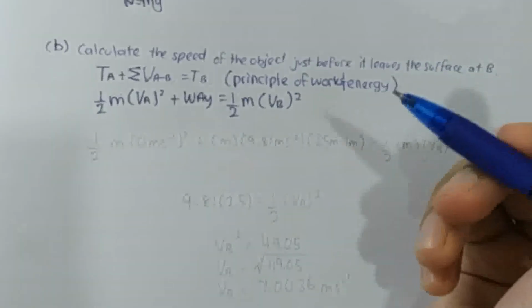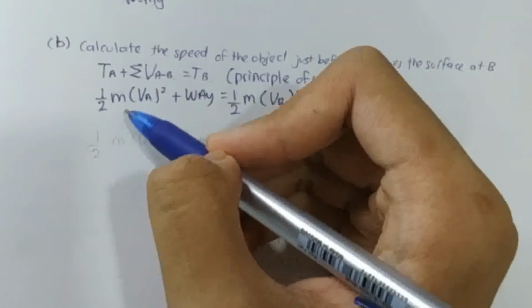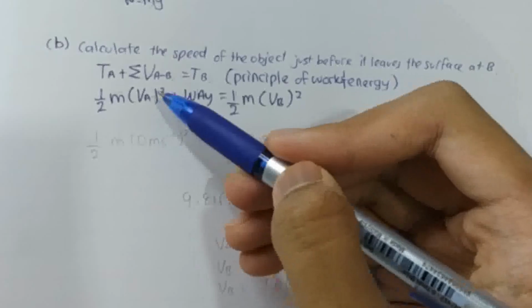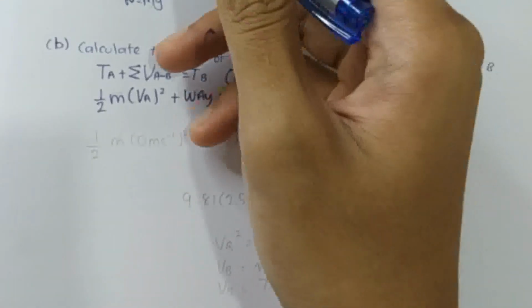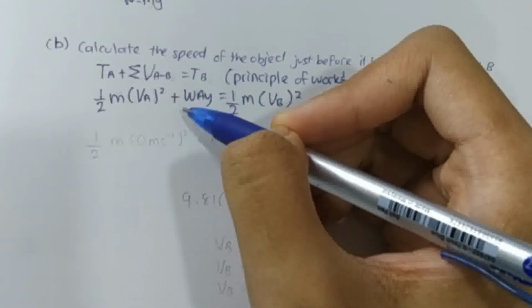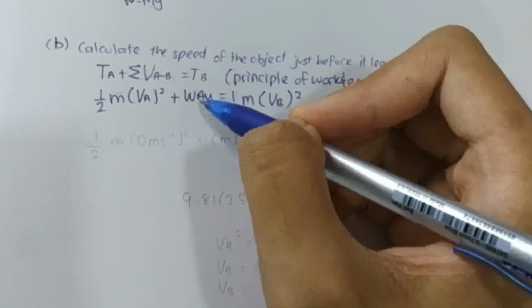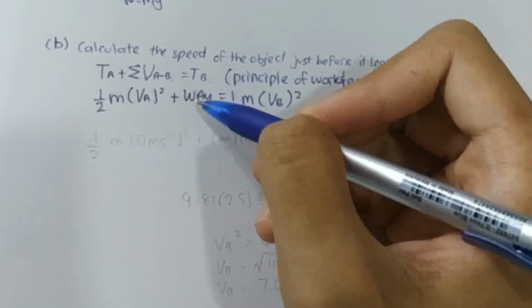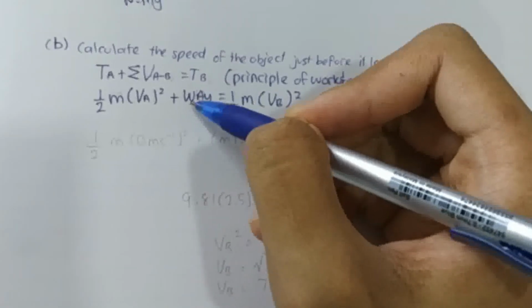So this is the equation where m is the mass of the object, VA is the velocity of the object at point A, plus W, where W is the weight of the object, mass times gravity.